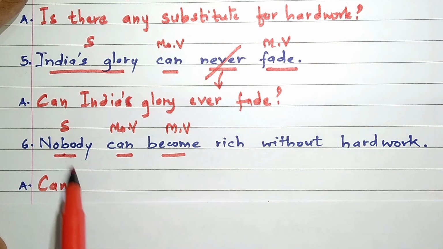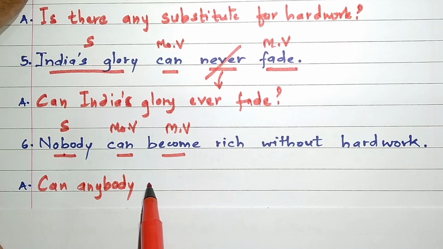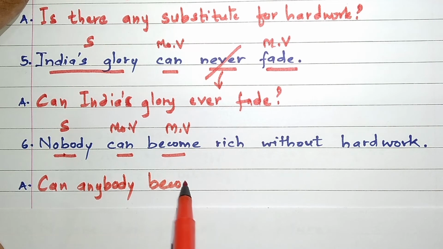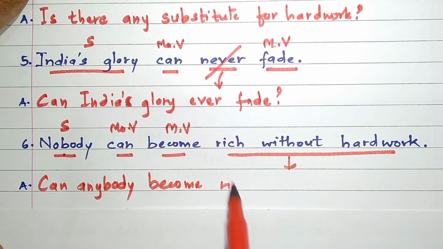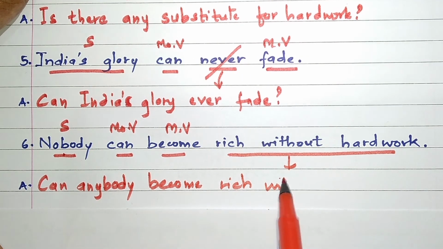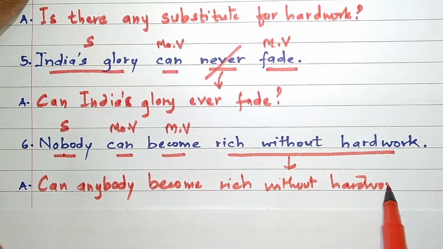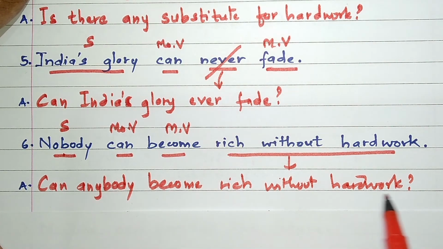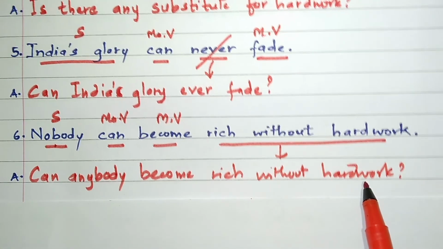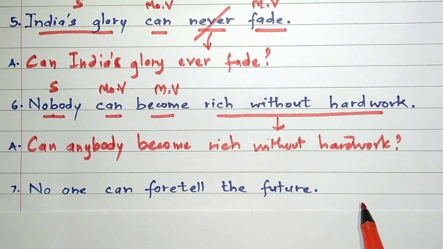Nobody is removed and we will write anybody, followed by the main verb, that is become, and the remaining part should be copied the same, that is rich without hard work, followed by a question mark at the end. So our interrogative sentence answer is, can anybody become rich without hard work?